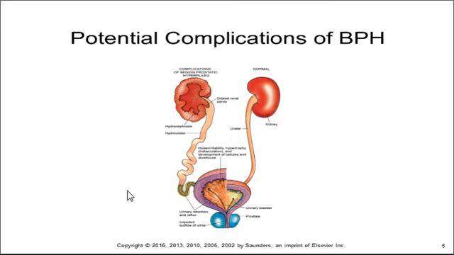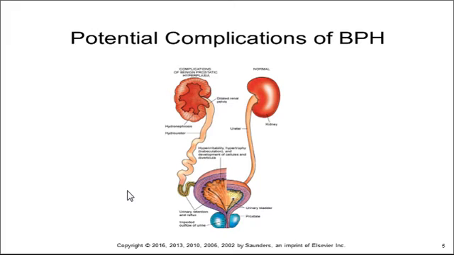Some potential complications of BPH are hydronephrosis, which is an enlargement or a dilation of your kidneys, and hydroureter, which is a gradual dilation of your ureters. The prostate is so large that these men cannot void properly, so they're retaining all of this urine.